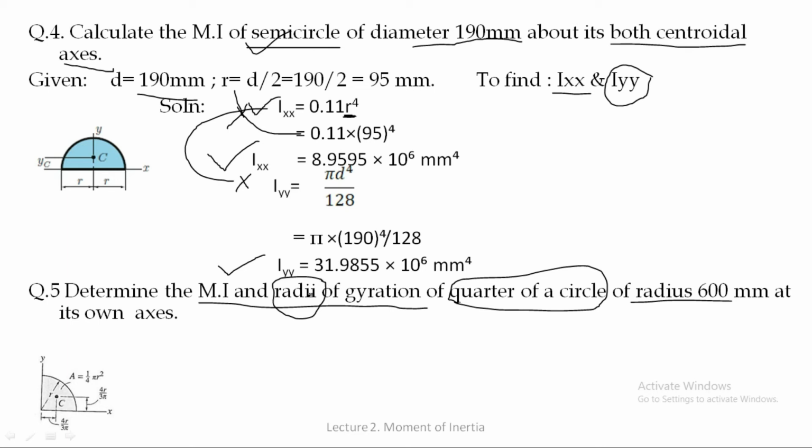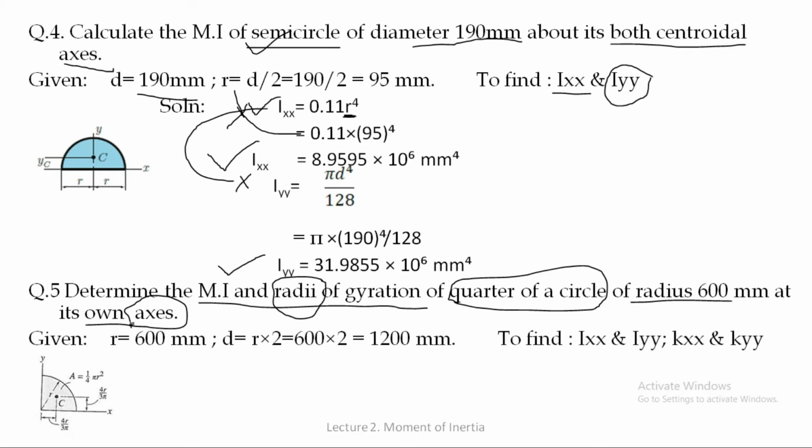Why? Radii is the plural of radius. They are expecting us to find the radius of gyration about the x-axis as well as the y-axis. Here also they have written axes, the plural form of axis.